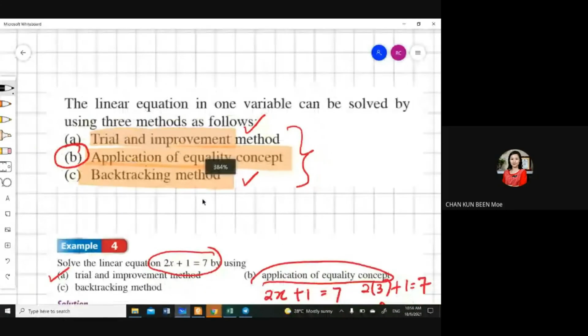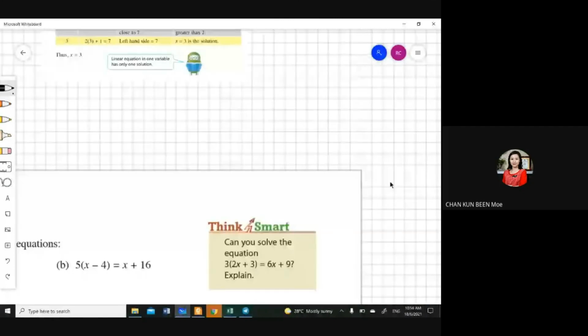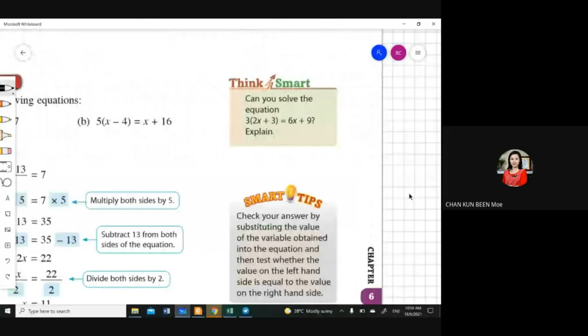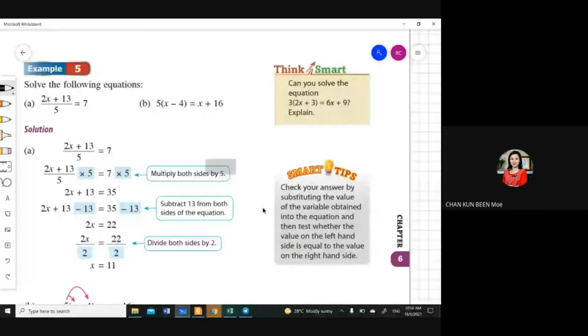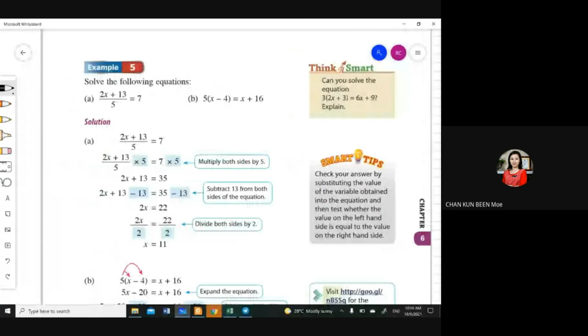Now we carry on. Now I'm going to look into this one. This is the last part, don't worry, because we already reached 10:56 right now. Solve the following equation. We have 2x plus 13 over 5 equal to 7.